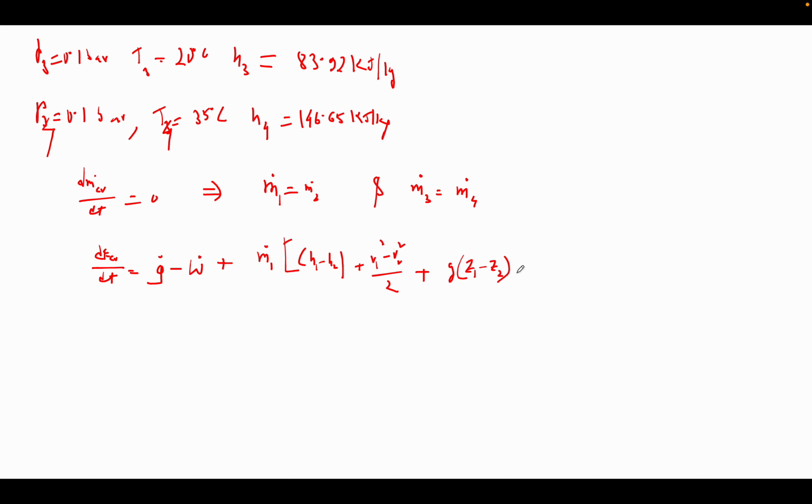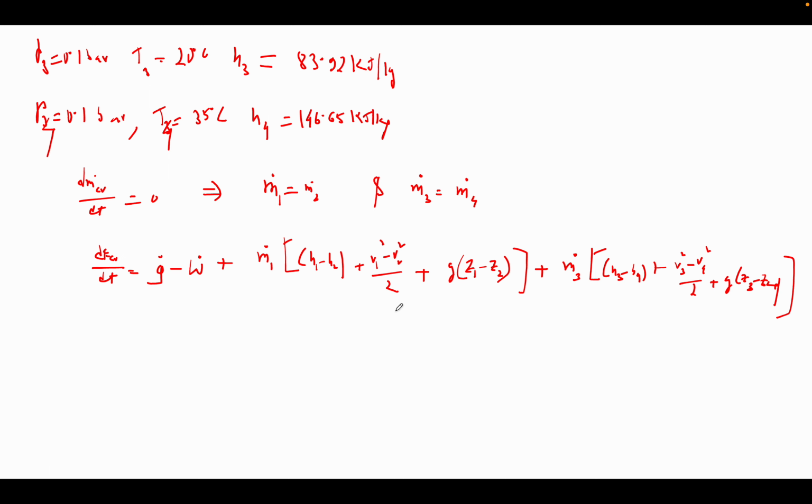Next, for the liquid water part, m3 dot times (h3 minus h4 plus (v3 squared minus v4 squared)/2 plus z3 minus z4).